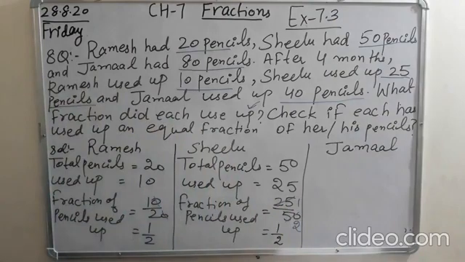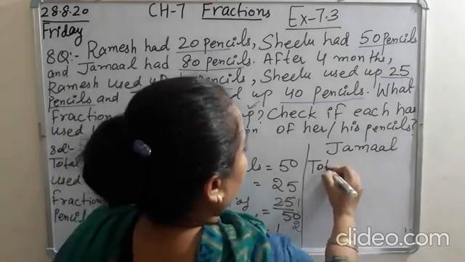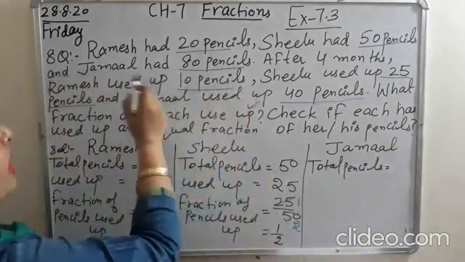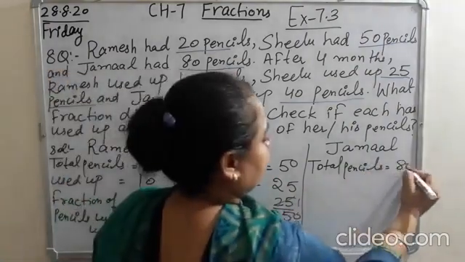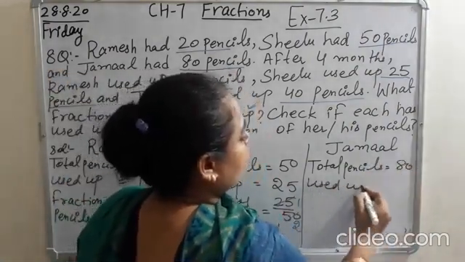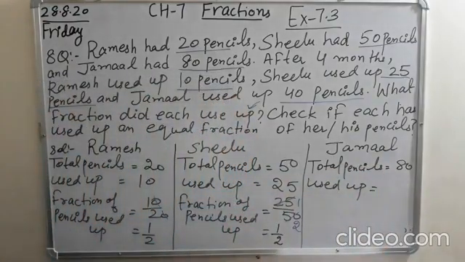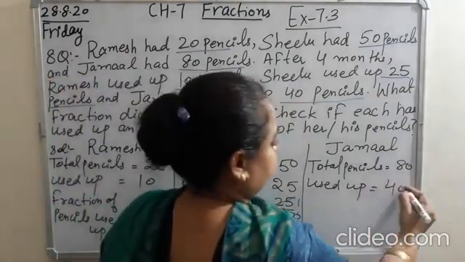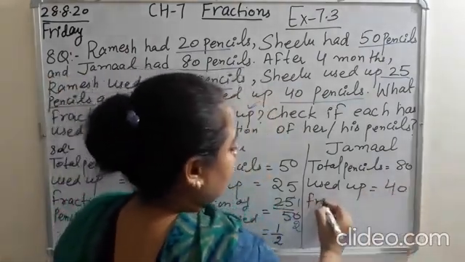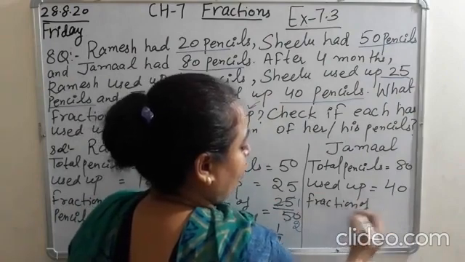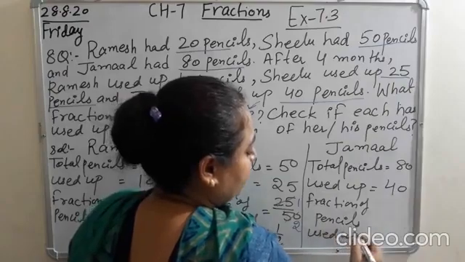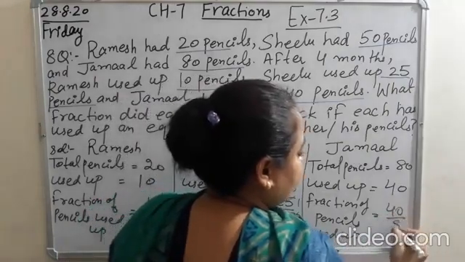Now come to the last person, Jamal. Total pencils. In the case of Jamal, Jamal had 80 pencils. After 4 months, Jamal used up 40 pencils. So the fraction of pencils used up is equal to 40 by 80.